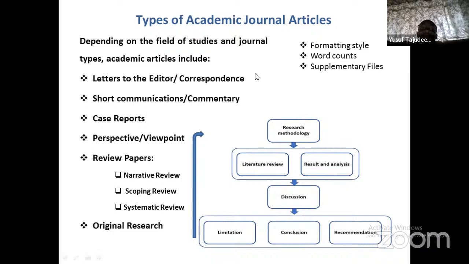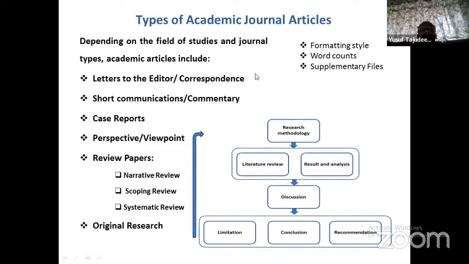Perspective and viewpoint are always long narratives. If you are providing a viewpoint or perspective on any issue that is happening, maybe a public health threat, you write a perspective and you have a particular opinion about the issue.